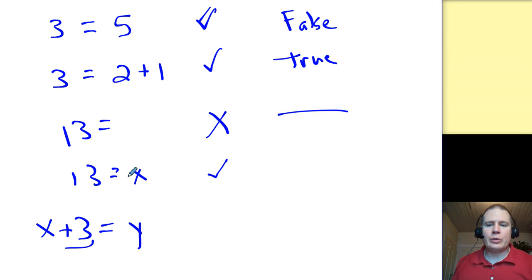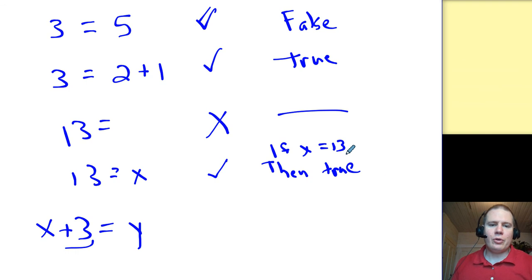It's true if this value is the same as this value. What's the value of the left-hand side? 13. What's the value of the right-hand side? Well, it's x. So if x has a value of 13, then it's true.